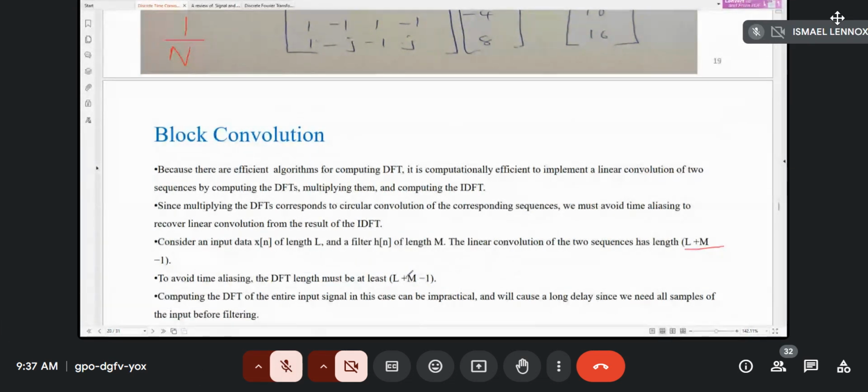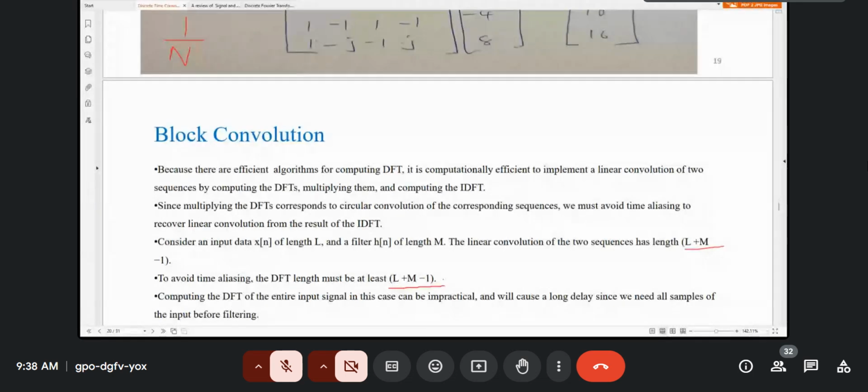We are saying the length which we are going to take and do the filtering, or find out the DFT of, and then multiply with the DFT of h[n], must be of this length.